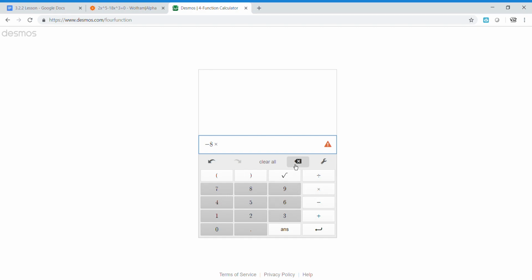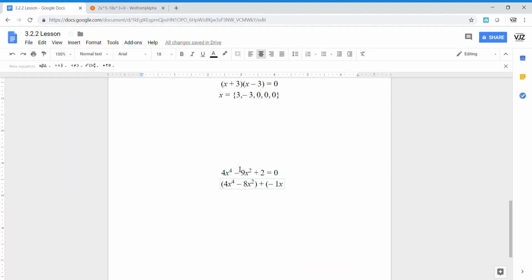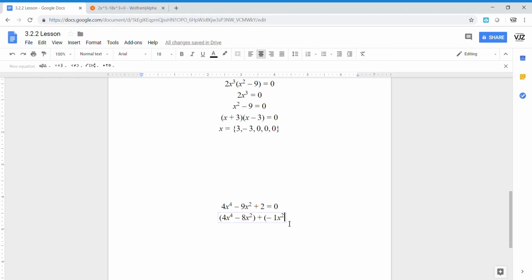So -8 plus -1 should equal -9, and when you multiply it, everybody knows it's just equal to 8. So we won't have to solve that using a function. But just to make sure that I'm not going crazy or anything, this should look familiar.